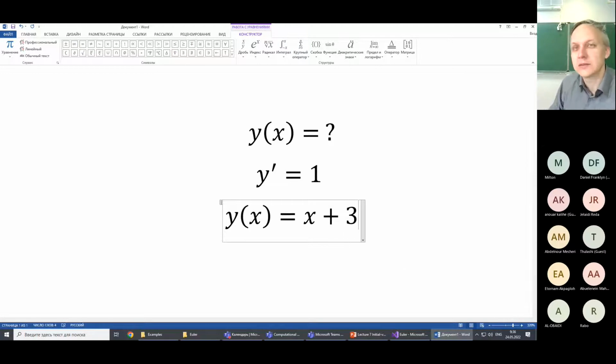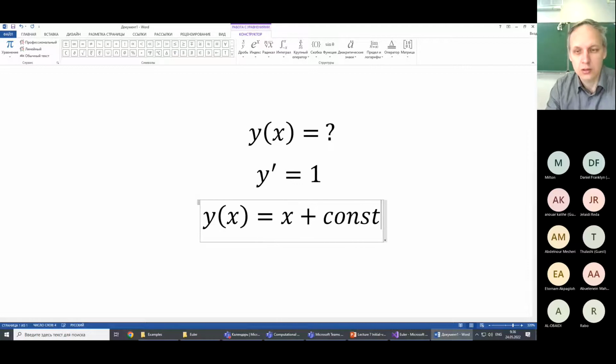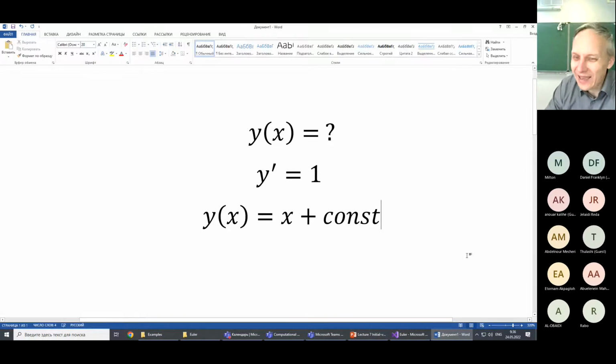X plus 3, the same situation. So what will be the complete answer? Y of x equals, right, x plus any constant.